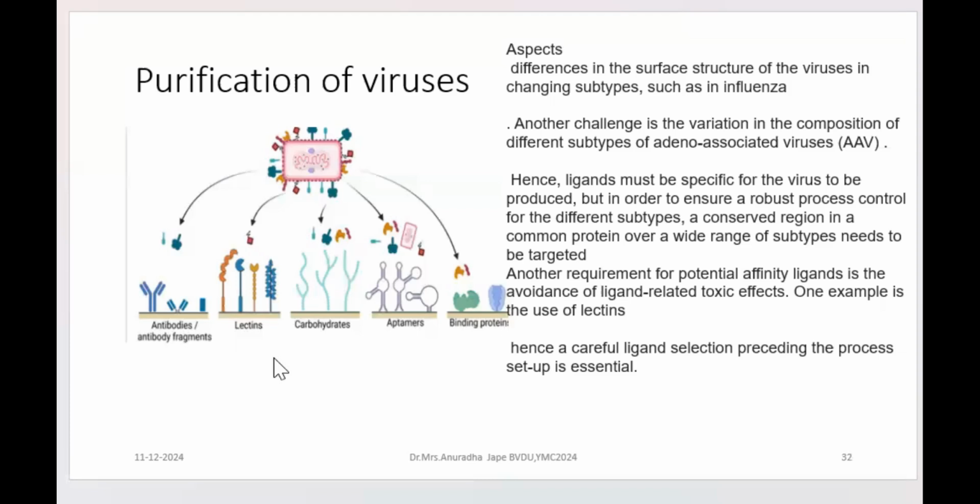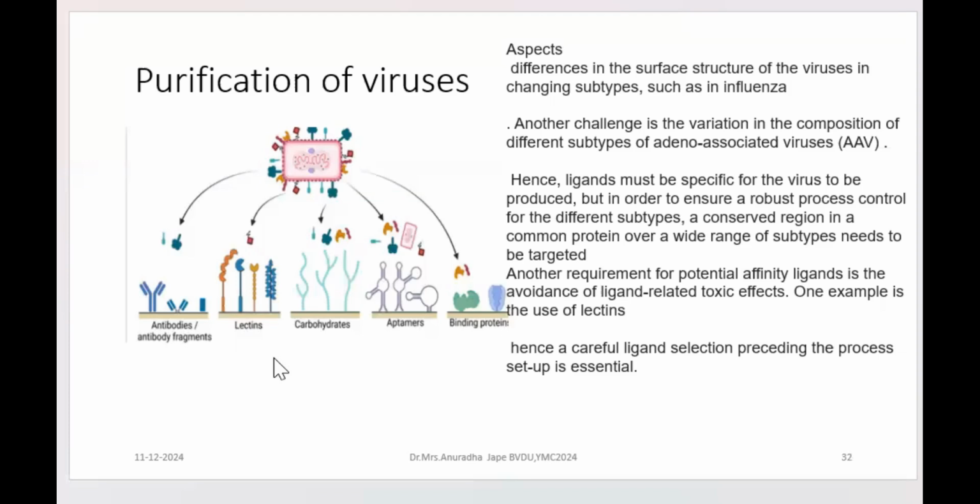So in such cases, you should select appropriate elution conditions also, so that the ligands attached to the support matrices do not get eluted and by chance come along with your purified product, especially in the case of injectables and examples like vaccines.